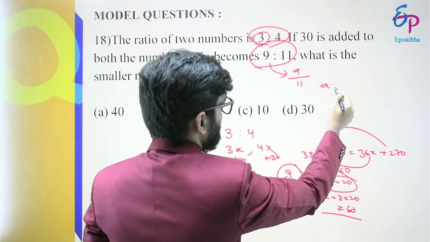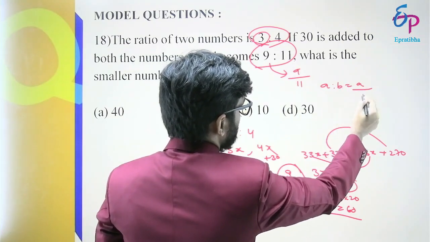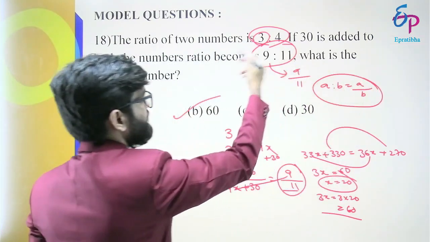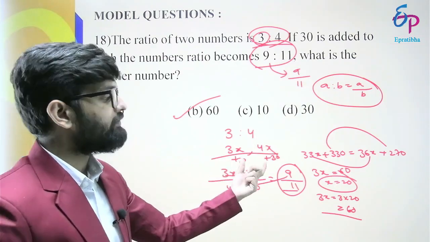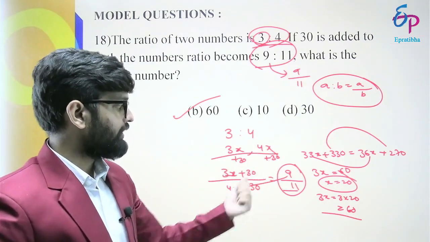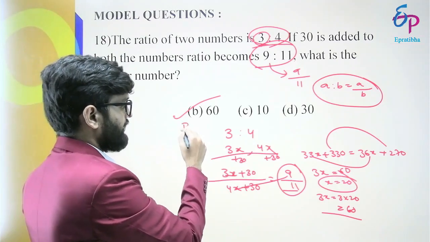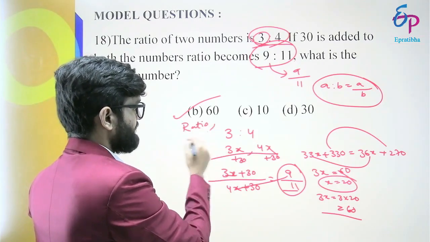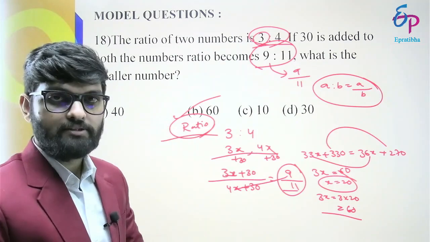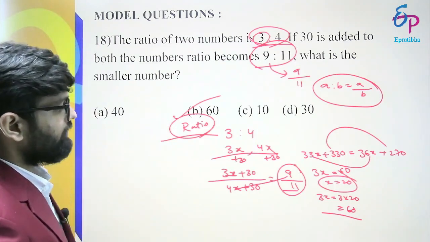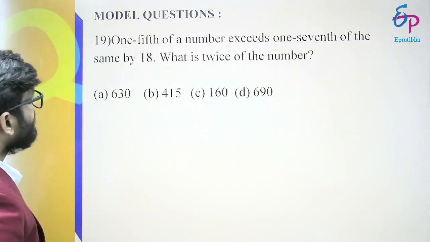A is to B can be written as A by B. In the previous sessions we have also discussed this, 3x and 4x. If you want it from the basics, we'll see it in the ratio topic as well. So moving on, the answer is 60.